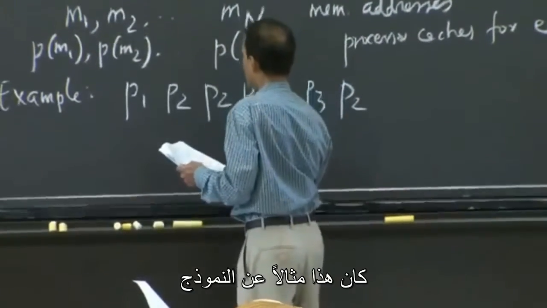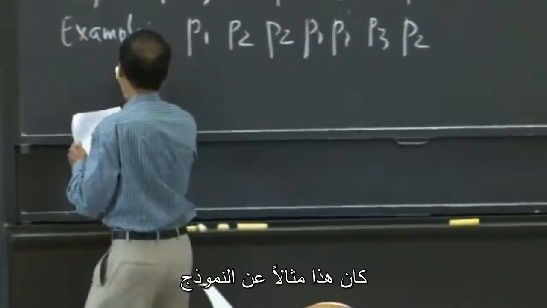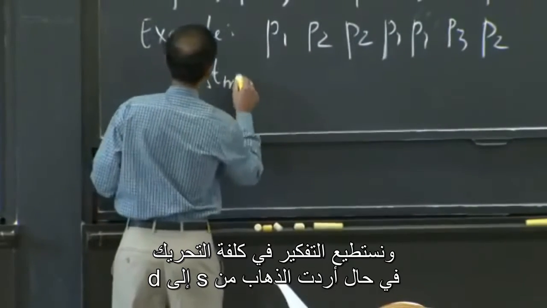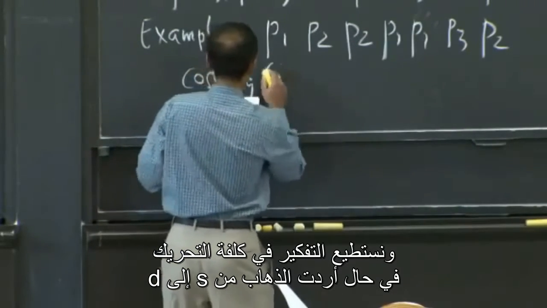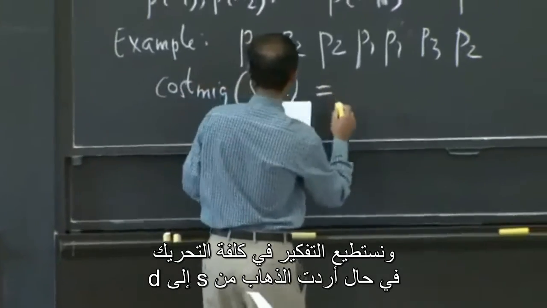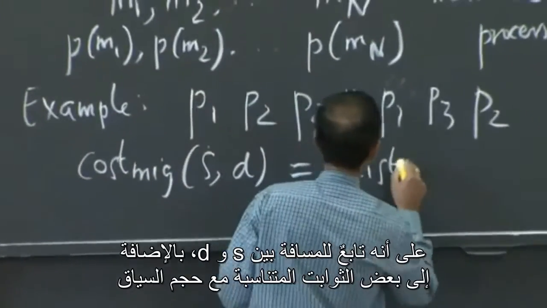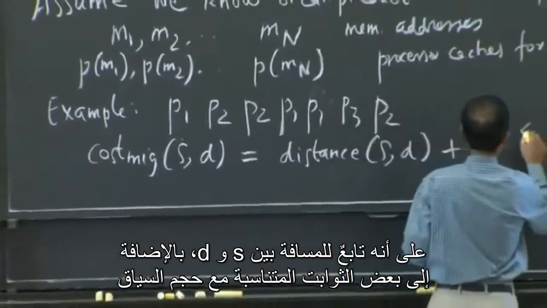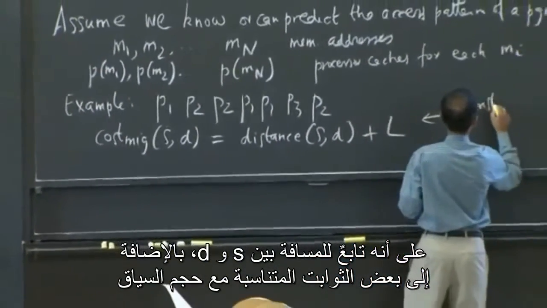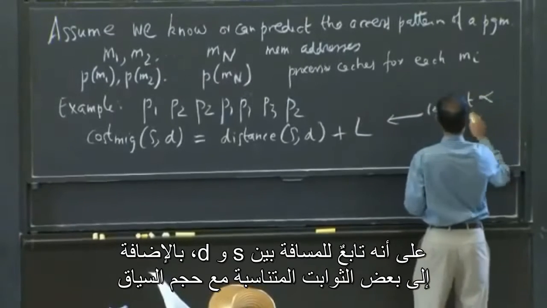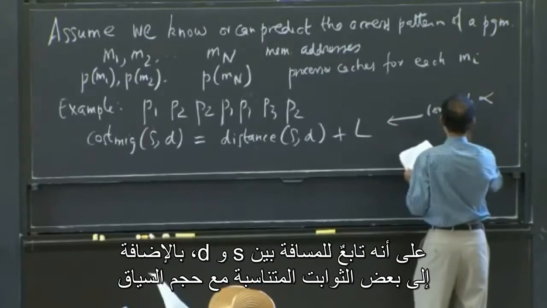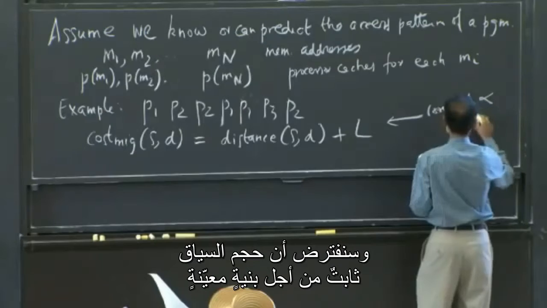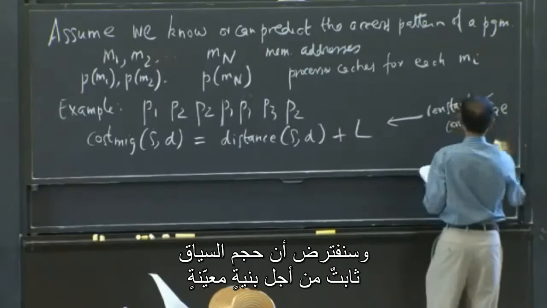So that's one example of a setup, and we can think about the cost of migration as if you want to go from S to D as being a function of the distance S comma D plus some constant which is proportional to the context size, and that context size we're going to assume is fixed for a particular architecture.